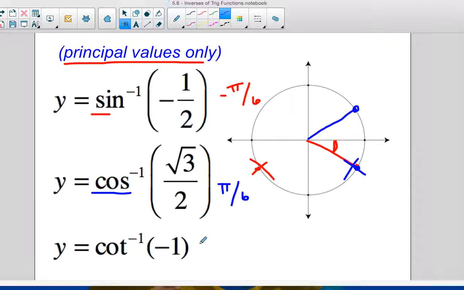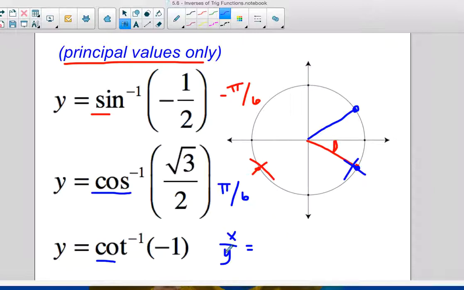Lastly, we have cotangent, which is -1. So again, I'm looking for an angle where the cotangent value, which is x over y, is going to be equal to -1. This is a little trickier. It's actually not one of these quadrantal spots because those would involve sine or cosine, because those are like x over r or y over r.